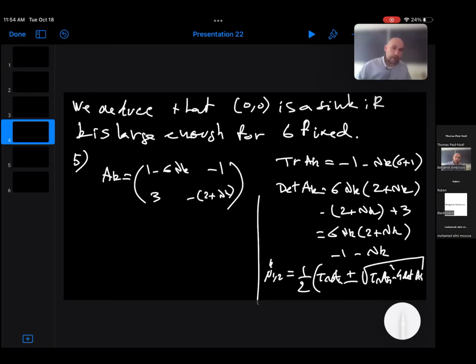Okay, so if k is large enough, 0, 0 is a sink for Ek.